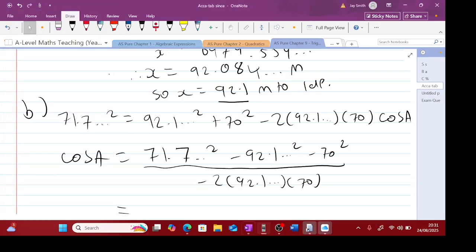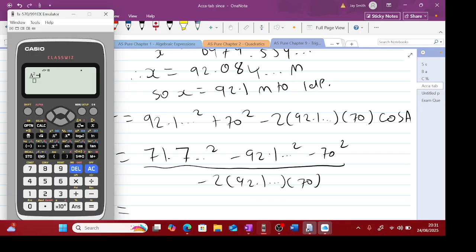Now again, this 92.1 is actually this large decimal here, 92.084, blah blah blah, which I've stored as D, if you remember. So it's going to be the letter D. So red, and then here. So then take away D squared, minus 70 squared, divided by minus 2 lots of 92.1, which was D again, and then times 70.